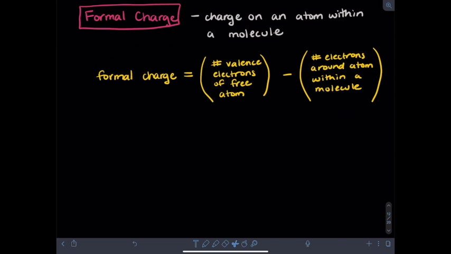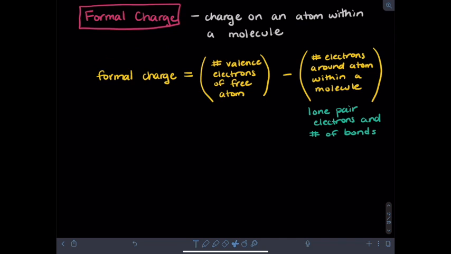How you calculate formal charge is you take the number of valence electrons of a free atom, and you subtract from that the number of electrons around the atom within the molecule that you're looking at. This number of electrons around the atom within a molecule is the number of lone pair electrons that it has and the number of bonds that it has.